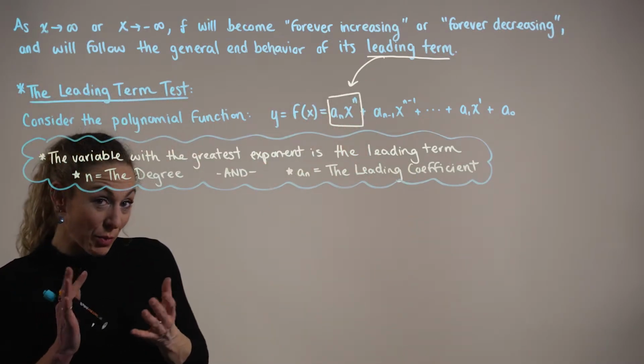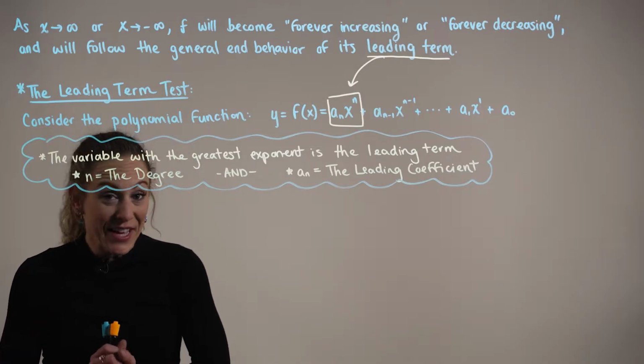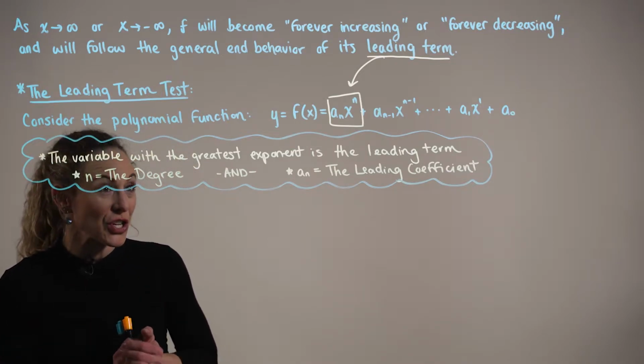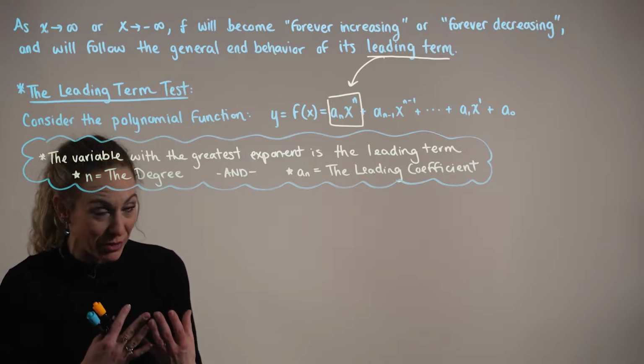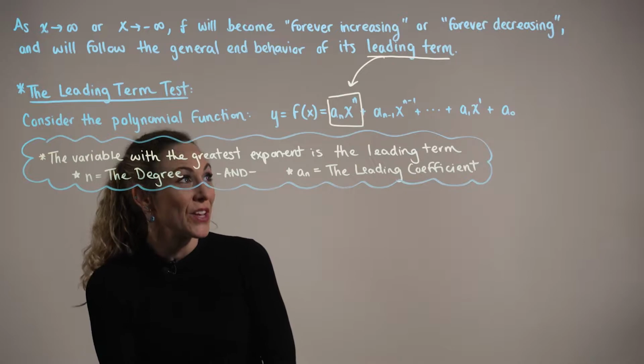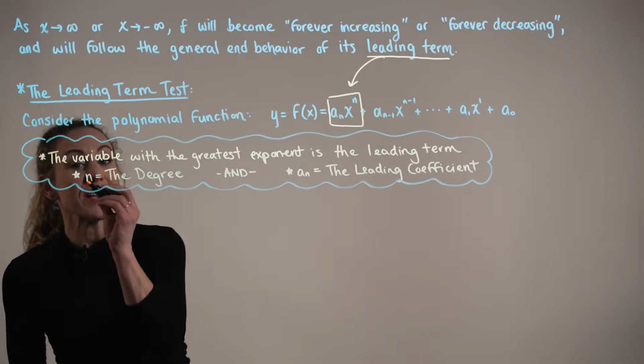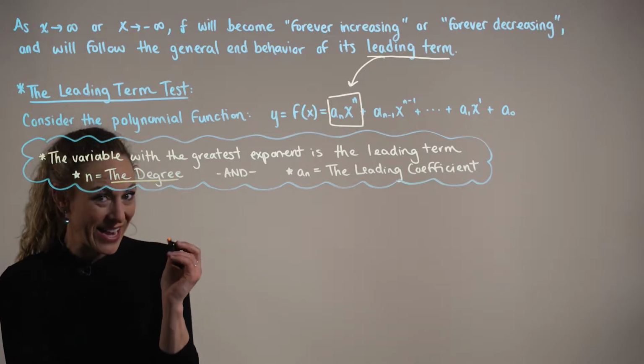So as x is approaching positive infinity, or as x approaches negative infinity, the graph of the polynomial function is going to behave in a general manner that is the same as our leading term. So when we're identifying the leading term, we want to make note of the degree, or our power of n.